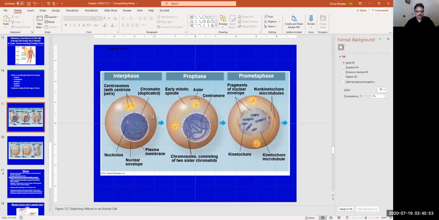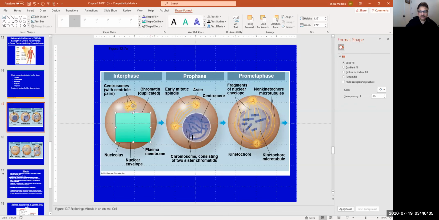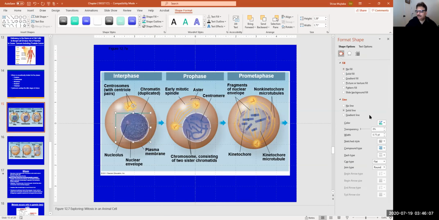So let's look at interphase. What is the structure of chromosomes? In this phase, the chromosomes look very thin, like a ball of wool.